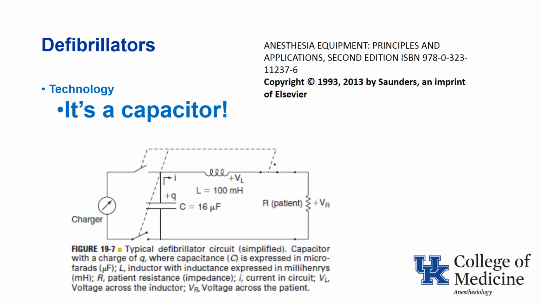So under technology, as I mentioned a few minutes ago, a defibrillator is a capacitor, and this is a schema of a capacitor. Can't say that this will be shown to you on a quiz, but this is what a capacitor looks like schematically.